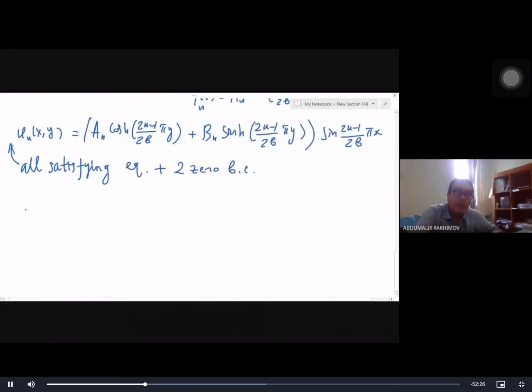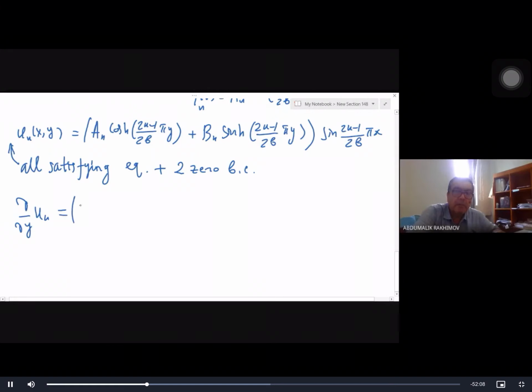So if I find d/dy of u_n, which is u_y, what is the derivative?